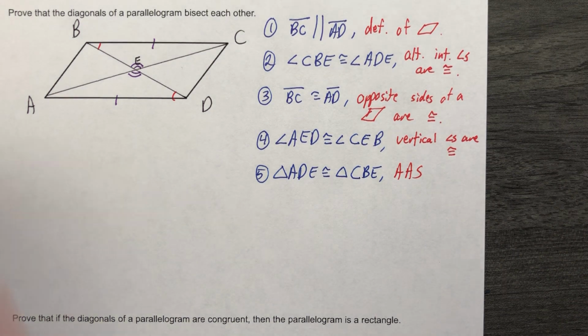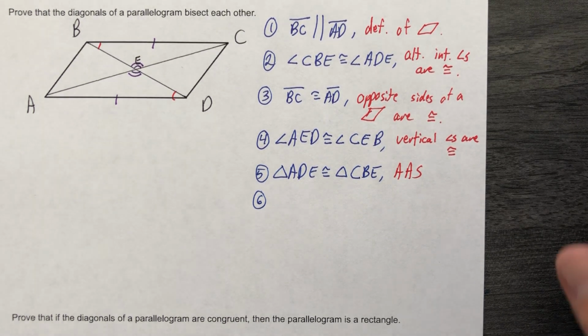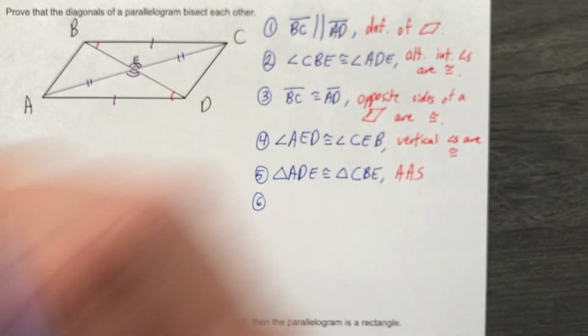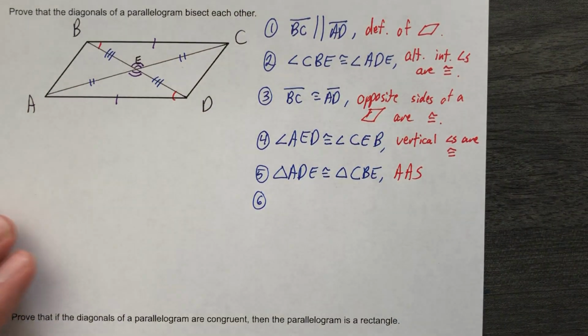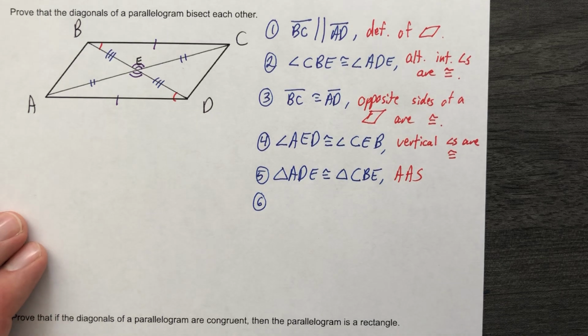Well, because I know that, guess what else I know? I also now know that corresponding parts of congruent triangles are congruent, and therefore I can say that this is equal to this, and that this is equal to this in measurement. And therefore I can say that the diagonals of a parallelogram bisect each other.